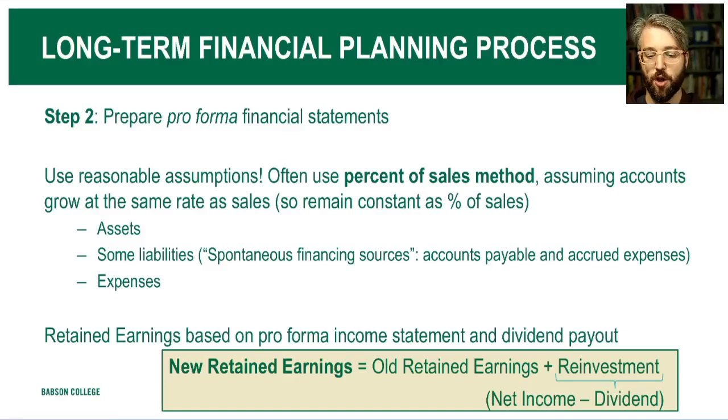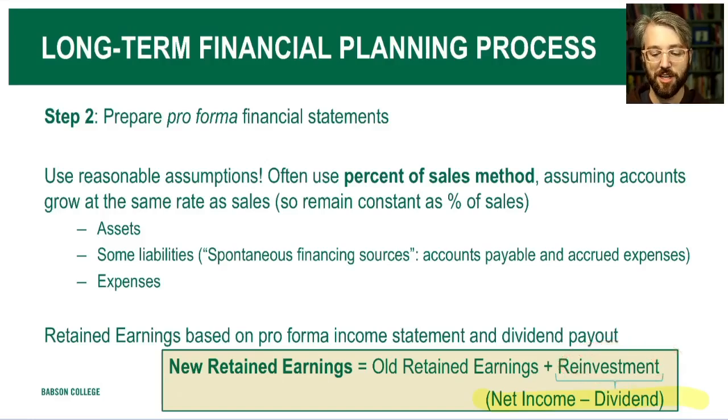And so if we know how much net income we think the firm is likely to earn, and that's going to come straight off of our income statement forecast, which we've described something about how to do using the percent of sales method, and we're prepared to make some assumption about the amount of dividends that the firm is likely to pay in that year, whatever's left, net income minus dividends, has to be the amount that the firm reinvests in retained earnings.